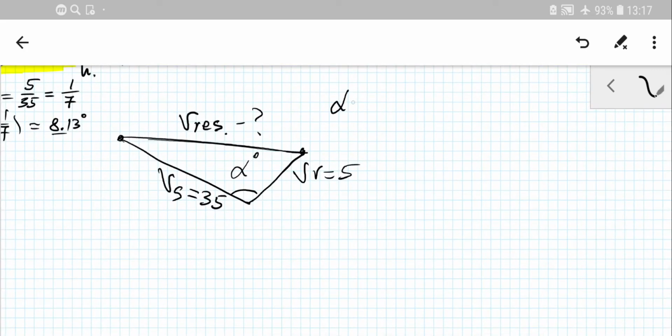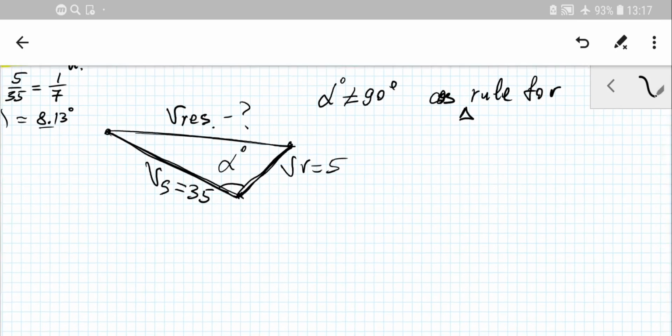If alpha is not 90 degrees, so your triangle is not a right angle, how to do in this case? I'll give you the hint: here you need to use the cos rule for the triangle. The cos rule for basically a scalene triangle, so for any triangle you can apply the cos rule.